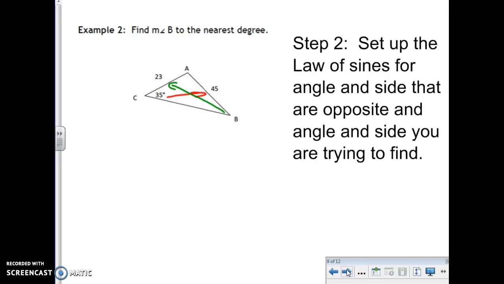Now I'm going to set up the law of sines the same way that I did before. I'm going to take the sine of 35 over its opposite side, which is 45, and it's going to equal, in this case, since I don't know angle B, the sine of B over the side opposite, which is 23.